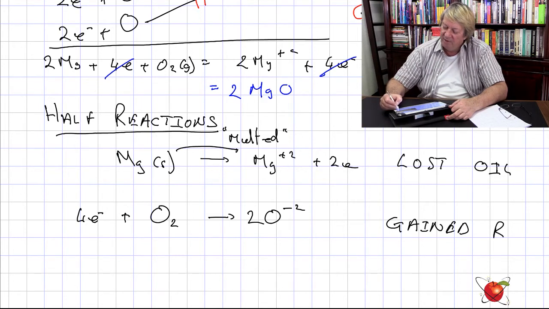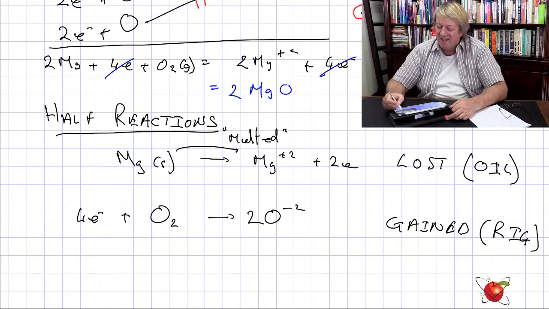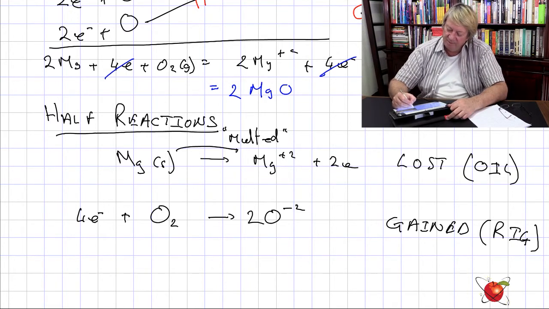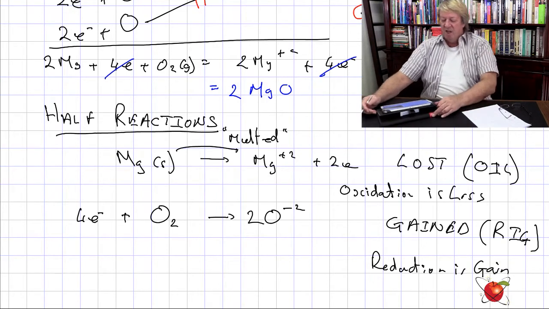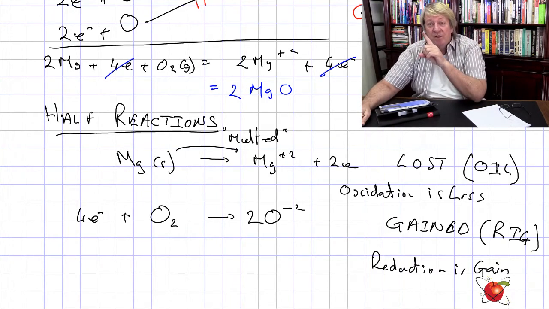It's just a cool way of remembering it, OIL and RIG. Oxidation is loss. Oxidation is loss. Reduction is gain. So the one that loses electrons is our oxidation side.